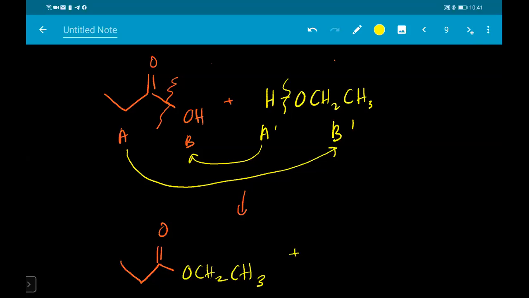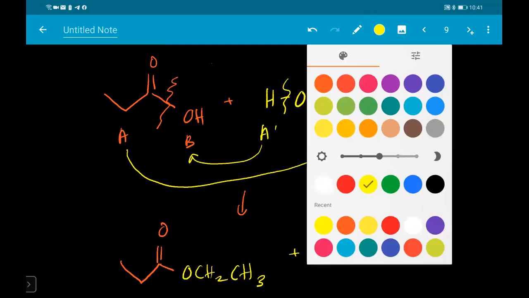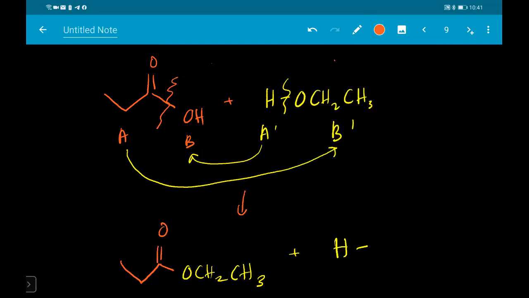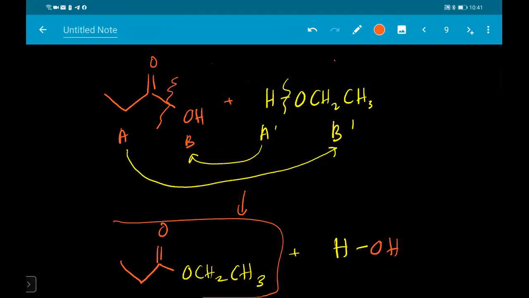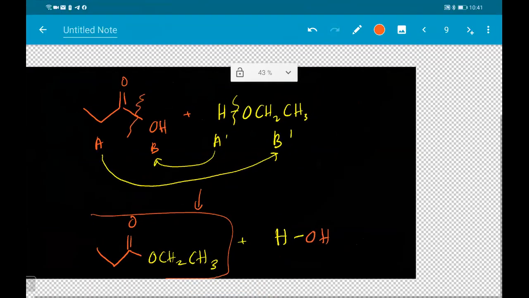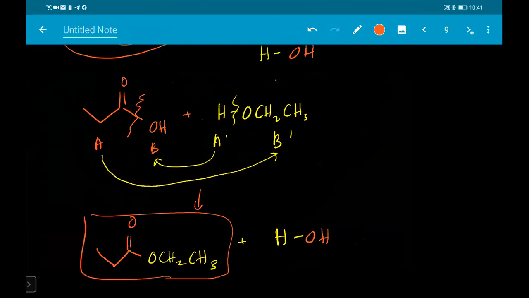Set product H OH. Okey, macam biasa. Okey, ni compound apa ni?